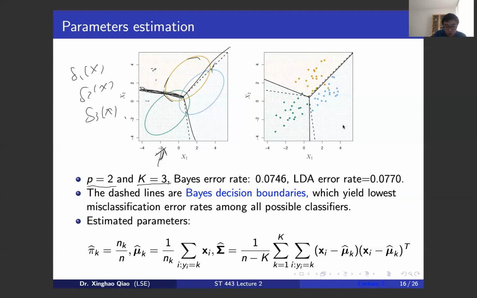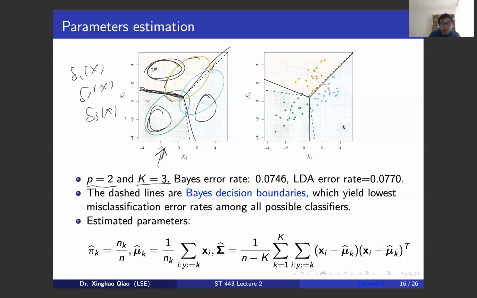And also in this part, the delta function for the orange will be larger than the delta function of blue here, okay? So you can consider this part gives the largest delta function for orange, this part gives the largest delta function for green, and this part gives the largest delta function for blue, okay?